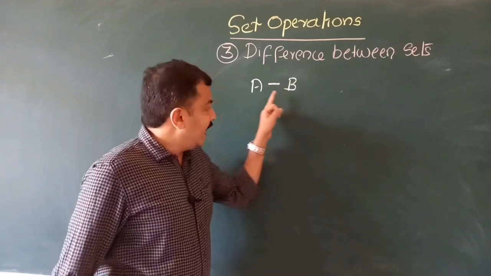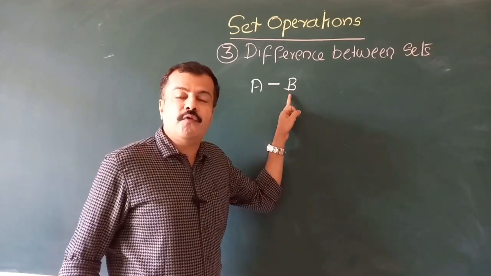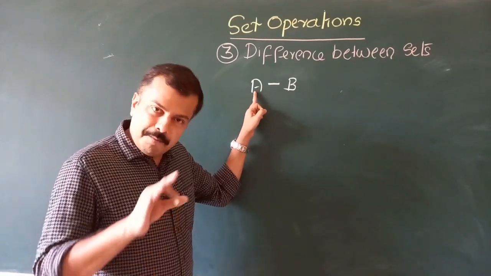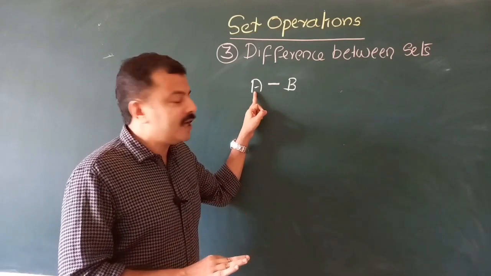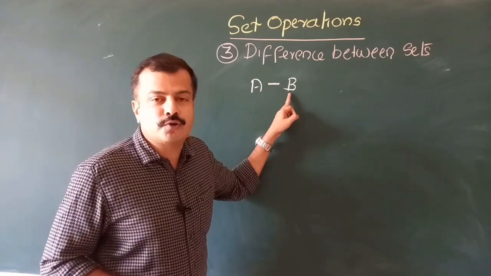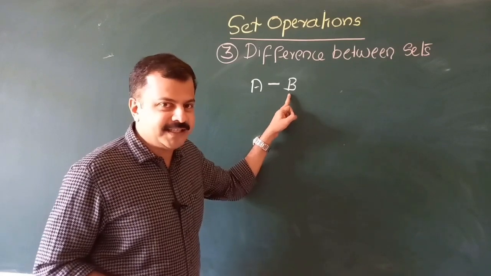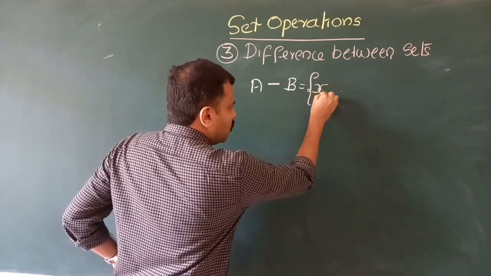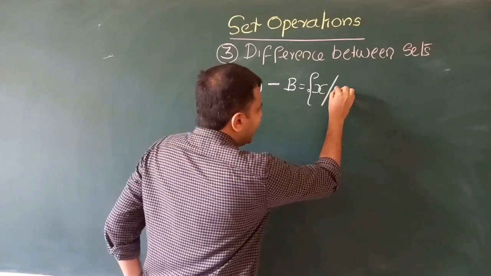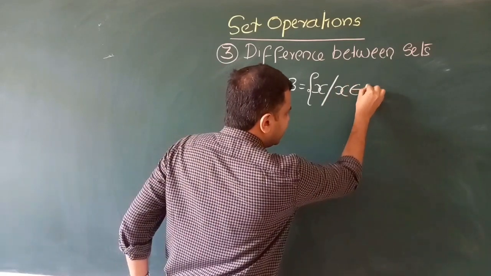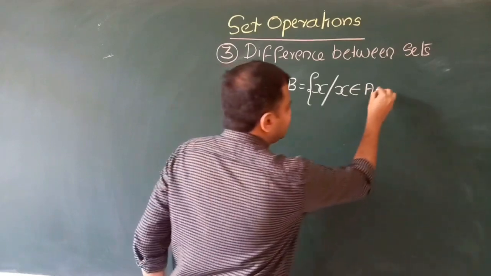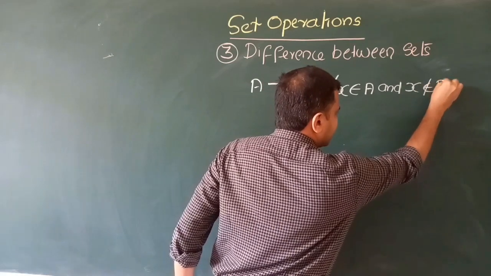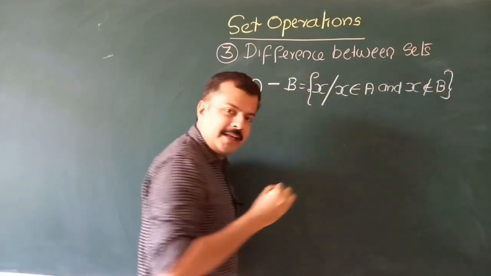What was that? A minus B consists of all those elements that belong to the set A, or is a member in the set A, is an element in the set A, at the same time does not belong to the set B. In our familiar description form, A minus B can be written as the set of all X such that X is an element in set A and X is not an element in set B. Clear?